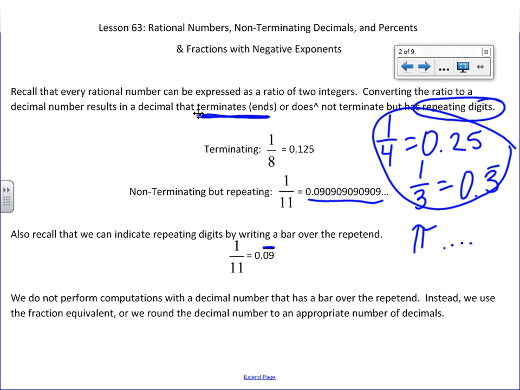And if we have it repeating, we don't really know how to punch that into our calculator. So you can't punch in 0.9 repeating. It doesn't work that way. So if we're dealing with a number that has a repeating decimal, most of the time we will use the fraction instead of the decimal. That, or if it's something like money, we would round it to the appropriate decimal place, which would always be 2.